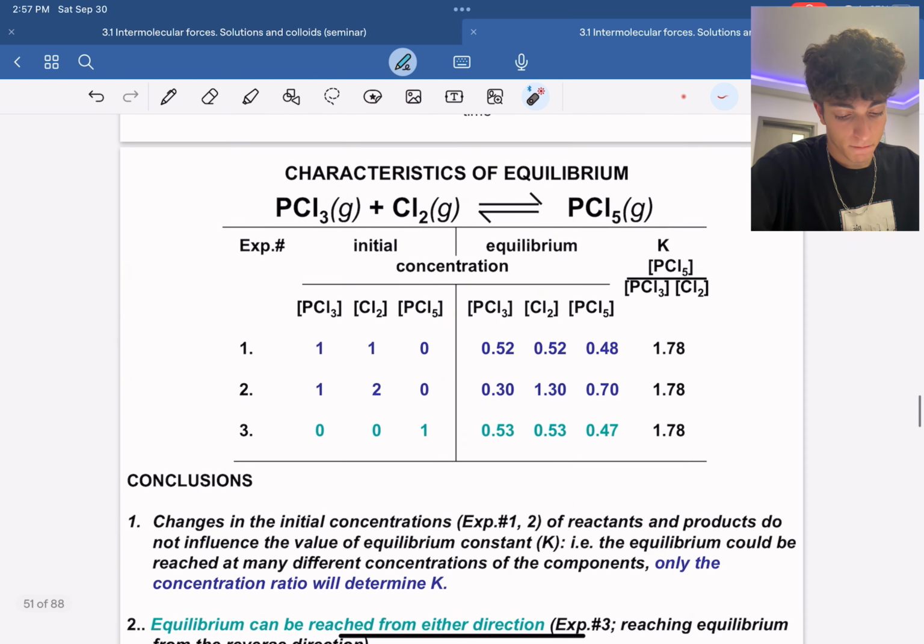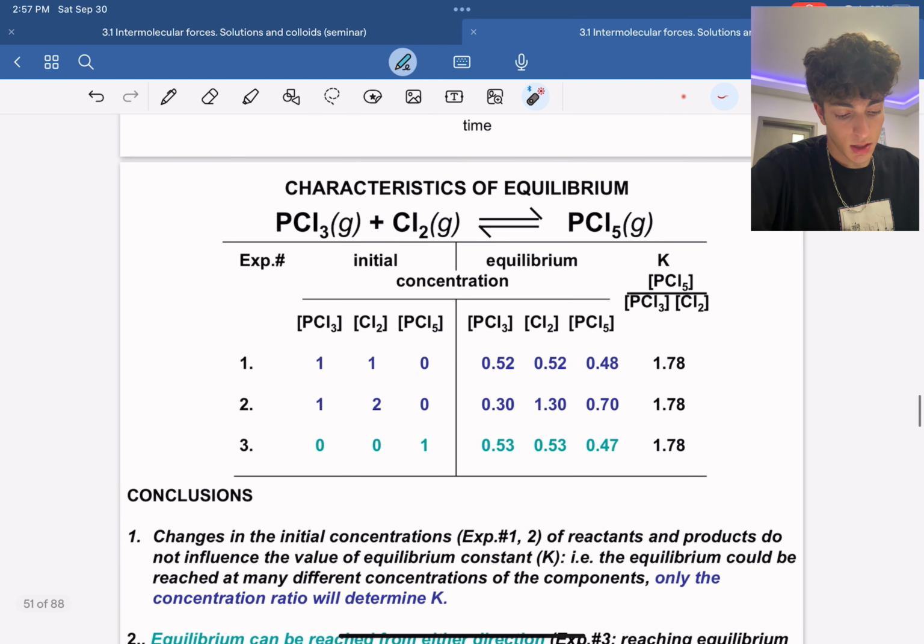All right. So this is just characteristics of equilibrium. It's leading into what we're going to be talking about, which is called the ICE table. So initial concentration, change in concentration, and the equilibrium concentration, so after completion.